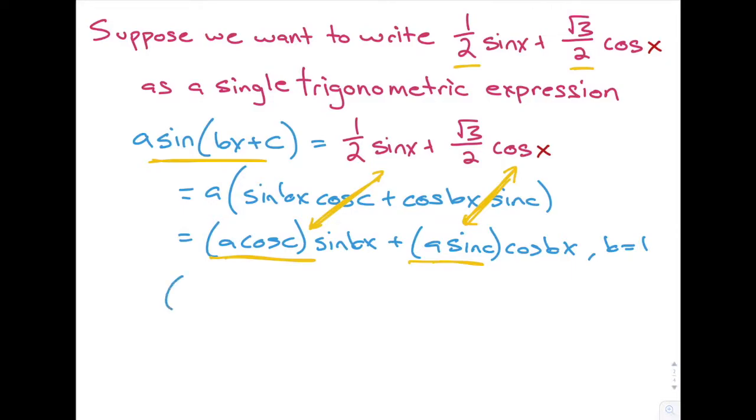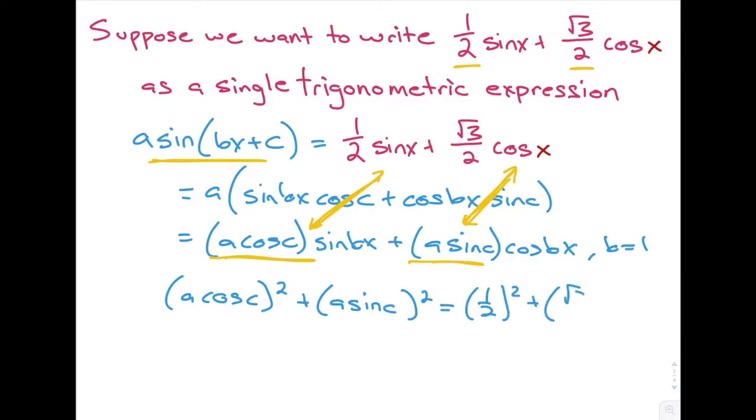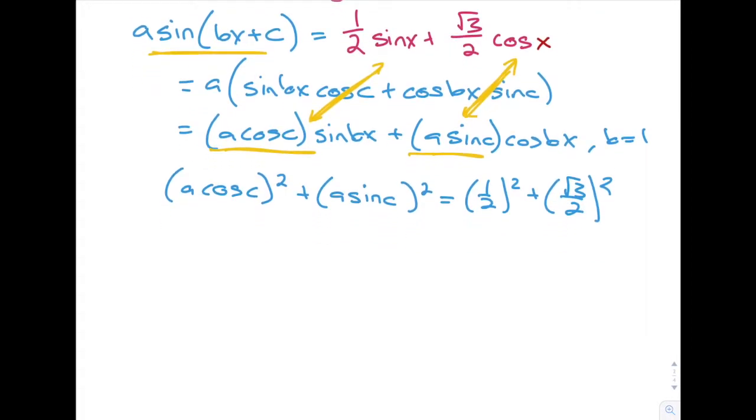So we're doing a cosine c squared plus a sine c squared, and we're saying that equals 1/2 squared plus square root of 3 over 2 squared. So a cosine c squared gives us a squared cosine squared c plus a squared sine squared c, and that equals 1/4 plus 3/4, and this equals 1.